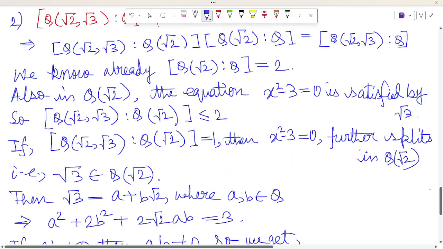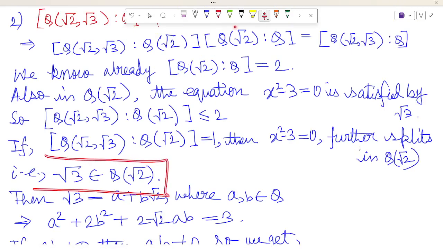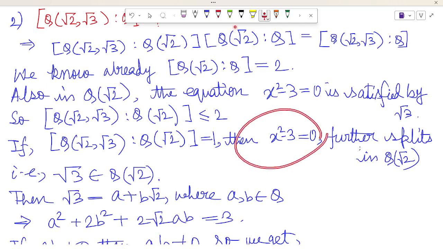So our assumption is wrong. So the minimal polynomial is this thing, and the degree of extension cannot be 1.